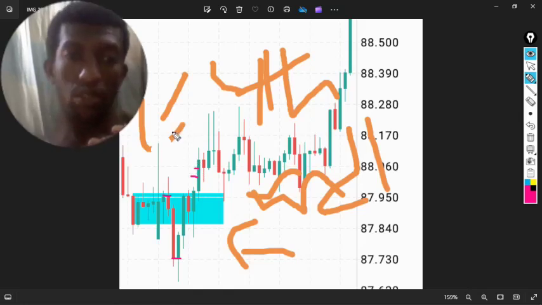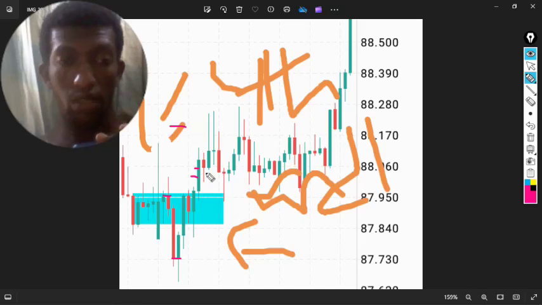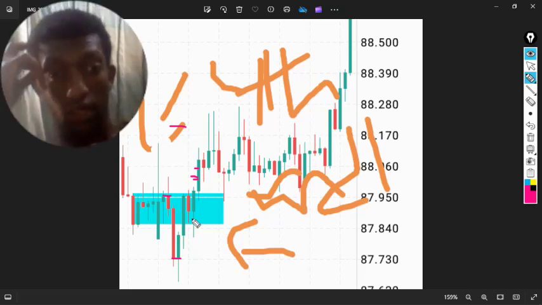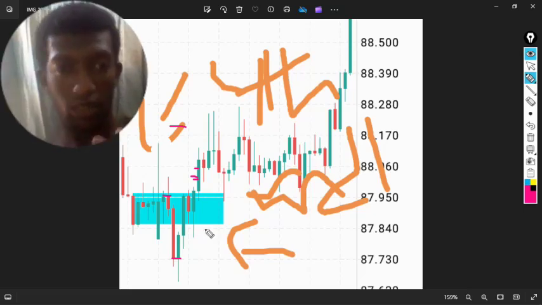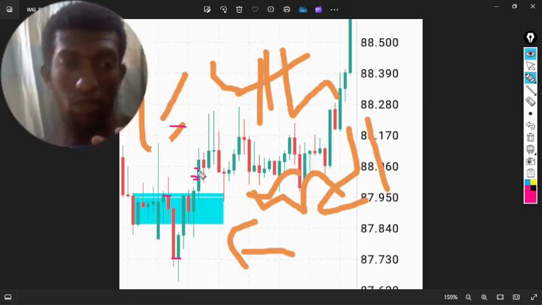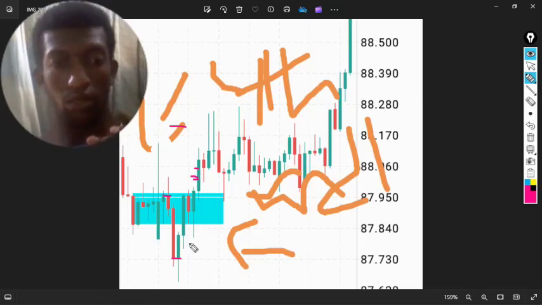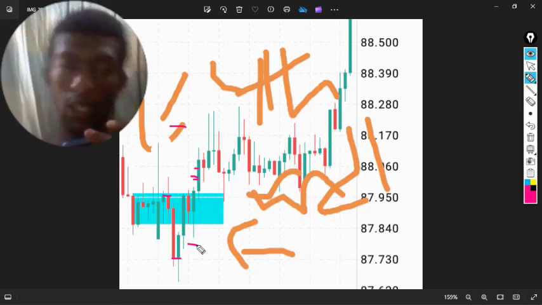So you already know TP2 is due. It is due. It has to be hit. So your buy down there is reasonable. Okay, it has a reason. So you buy that. So you put your stop loss down there.